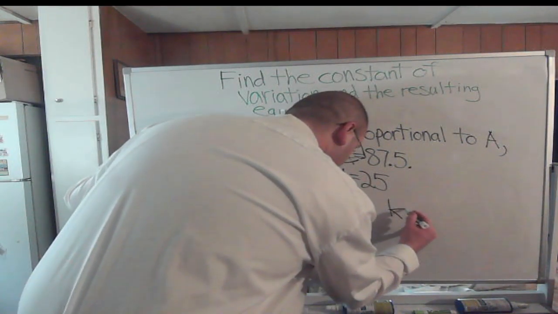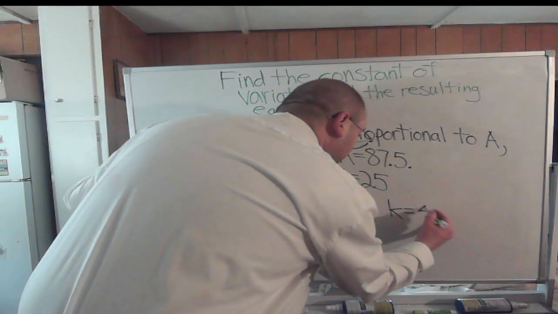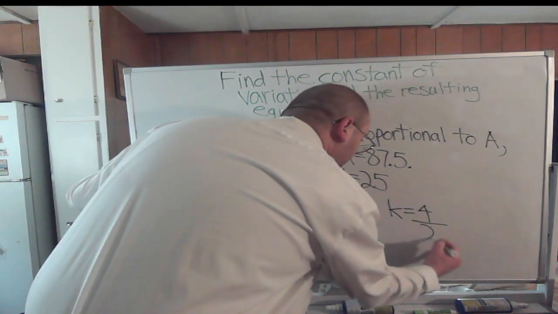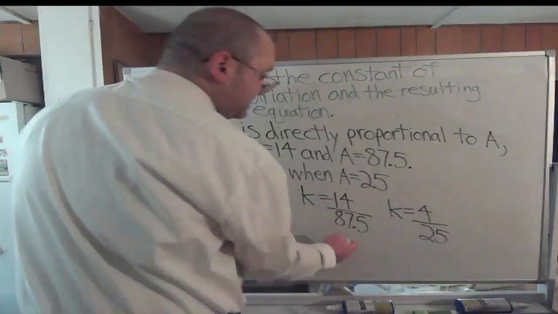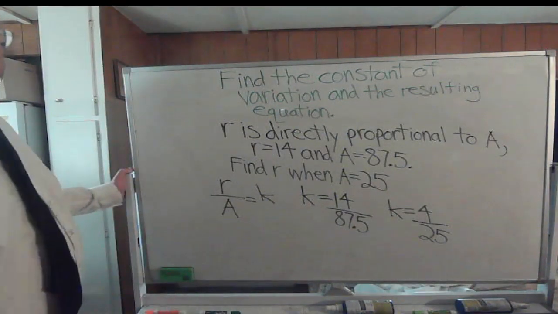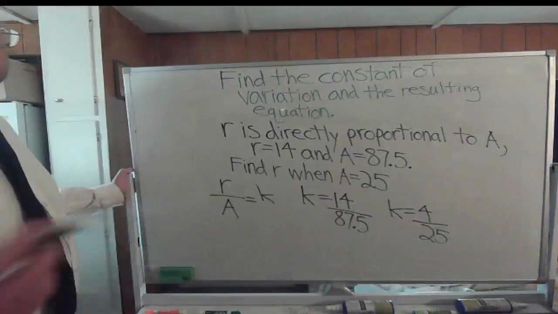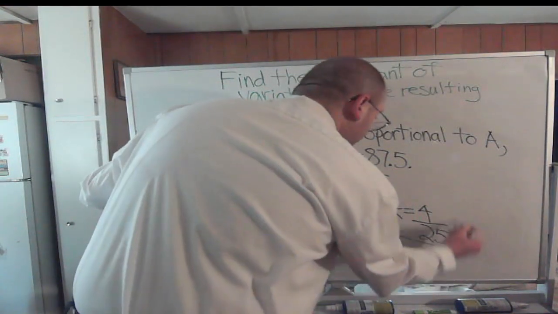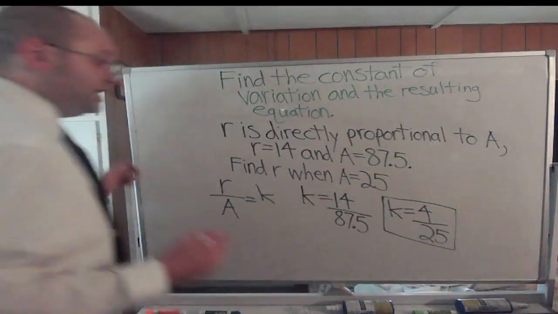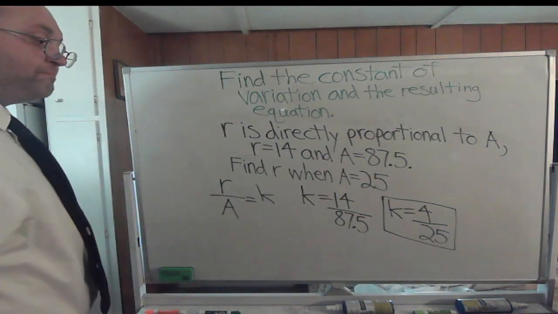So the constant of variation turns out to be 4/25ths. Because the decimal is 0.16, which you know is 16/100ths, that reduces to 4/25ths. So your constant of variation is going to be 4/25ths.